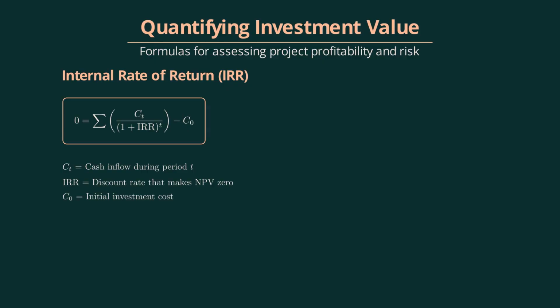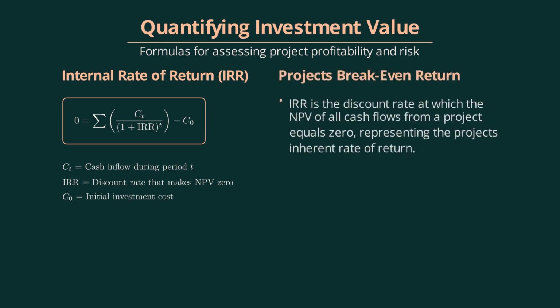IRR itself is the unique discount rate that makes the net present value of the project exactly 0. And C sub 0, as before, is your initial investment cost, the capital outlay at the start. This formula helps identify a project's break-even return, indicating the maximum cost of capital it can sustain. IRR is the discount rate where the NPV of all project cash flows becomes 0, showing its inherent rate of return.